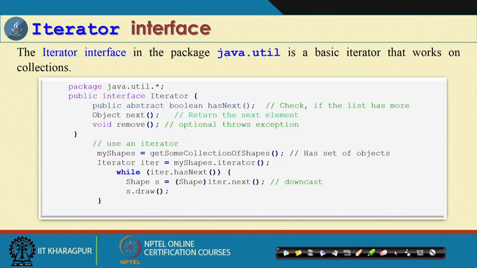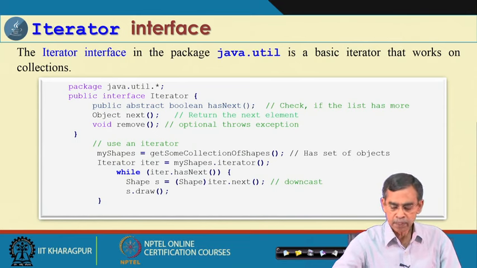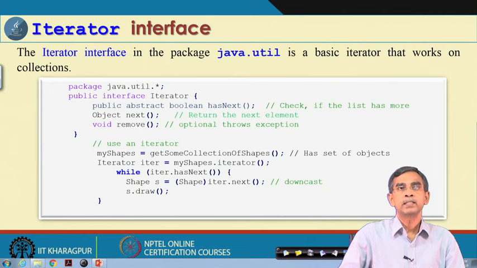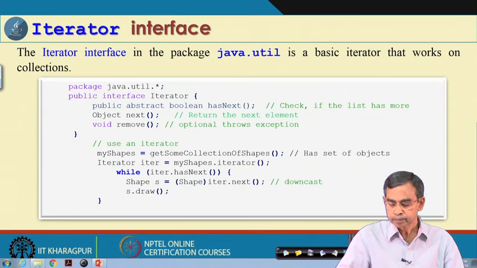The Iterator interface is basically for when there is a collection of objects, and how this collection of objects can be processed. The Iterator interface has been defined in the java.util package. This interface basically helps us to manage the set of objects, the collection of objects.